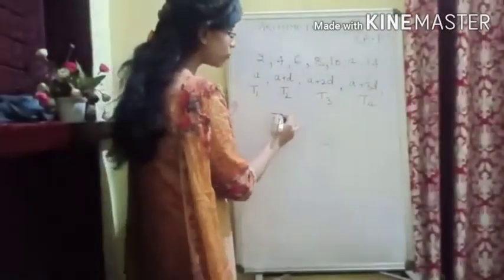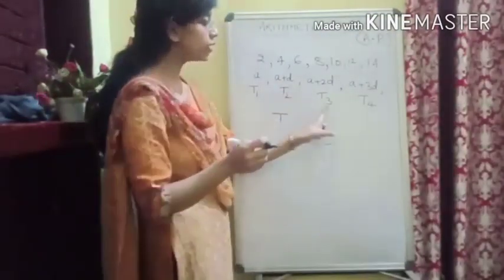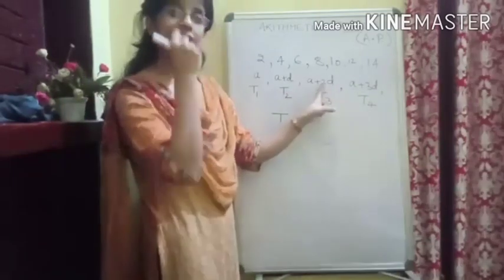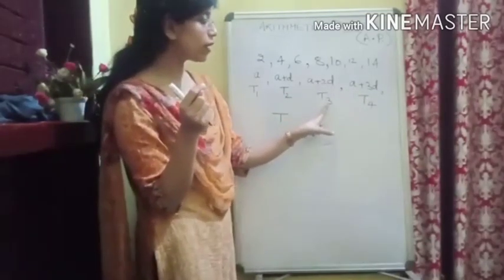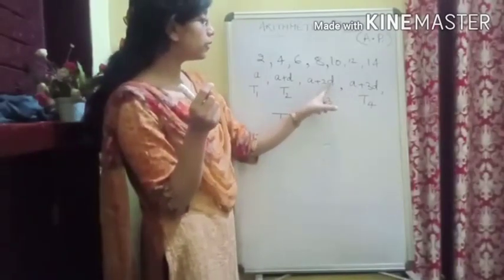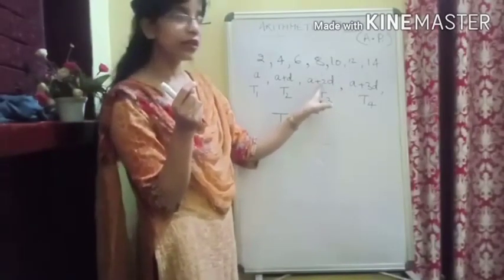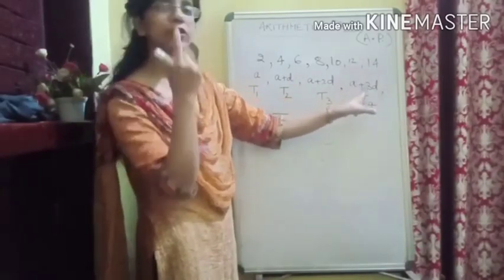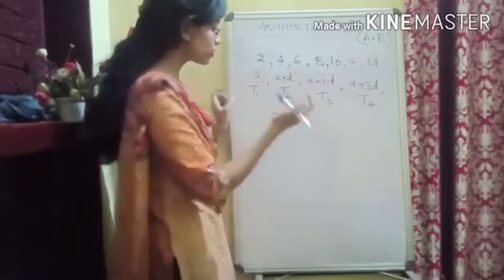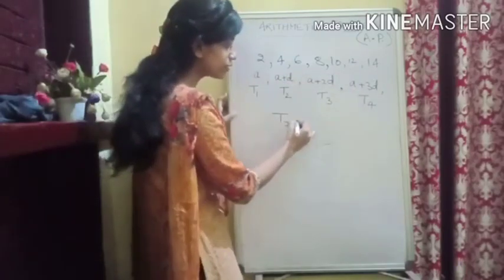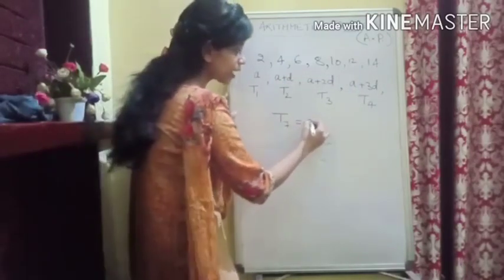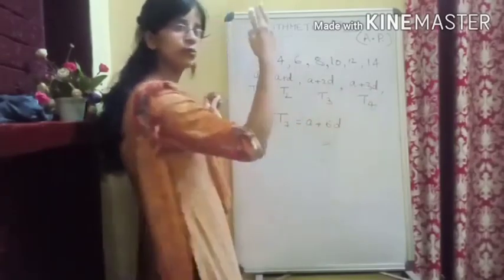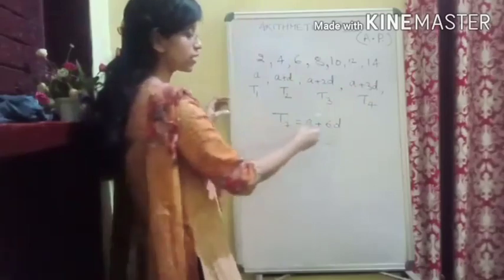If I want to write the third term, we always take the coefficient of d one less in number. If I'm talking about the third term, the coefficient of d will be 2. If I'm talking about the fourth term, the coefficient of d will be 1 less, that is 3. If I'm talking about the seventh term, wouldn't it be a plus 6d? Because the coefficient of d should be 1 less in number.